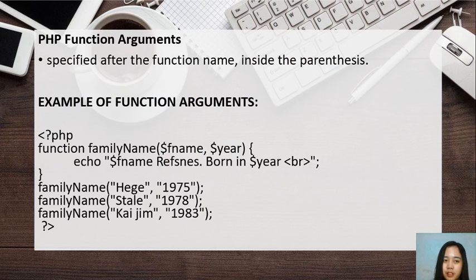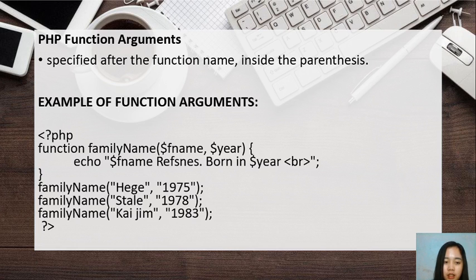So, PHP function arguments are specified after the function name, inside the parentheses. Information can be passed to functions through arguments. An argument is just like a variable. Arguments are specified after the function name inside the parentheses.